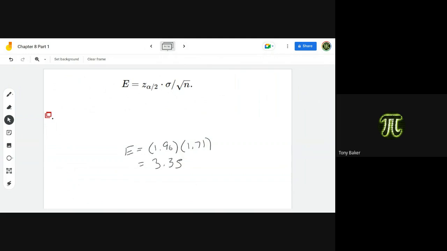The standard deviation, which in this situation that we're working on right now, you have to have before you go out and do your stuff, right? Okay. And then my sample number, right?